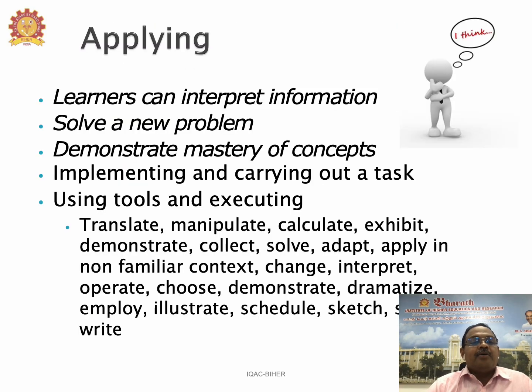The third level of the cognitive domain is applying. In the basic thinking, as I said earlier, we have three basic layers: remember, understand, and apply. Applying is possible when someone learns something, remembers it, and then understands it.